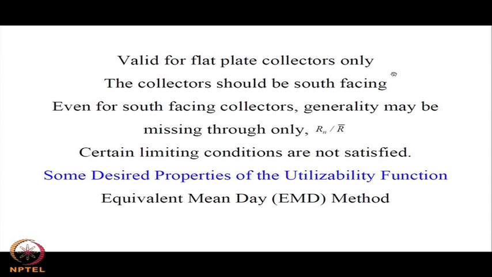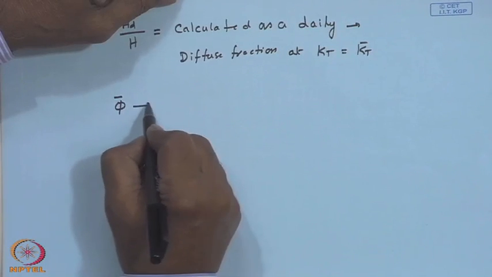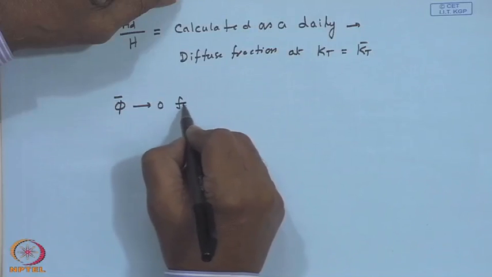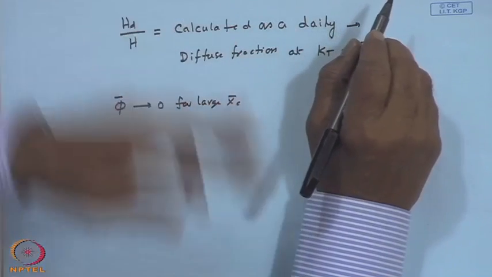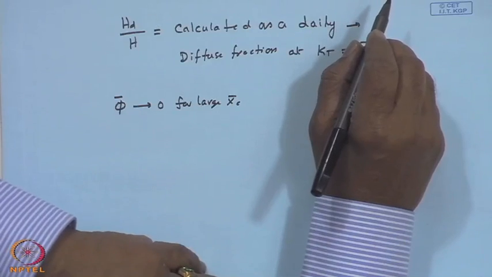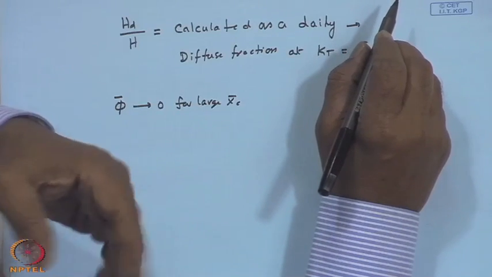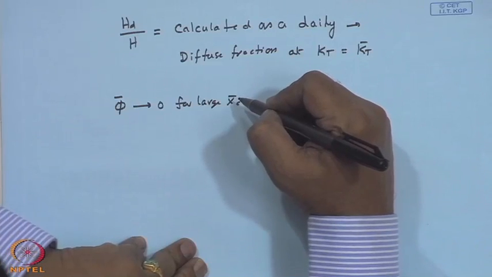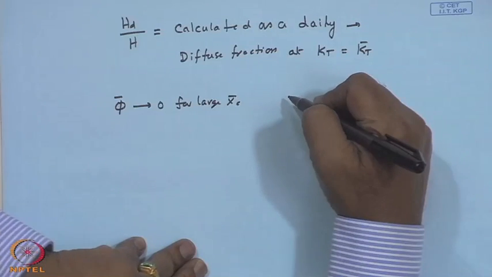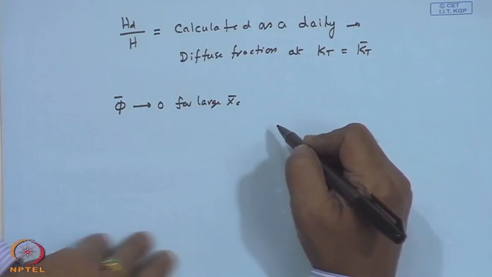So, once again, this phi bar does not go to 0 for large x c bar. Since this is an exponential relation, it shall not go to 0 for high values of x c, even as x c bar tends to infinity.